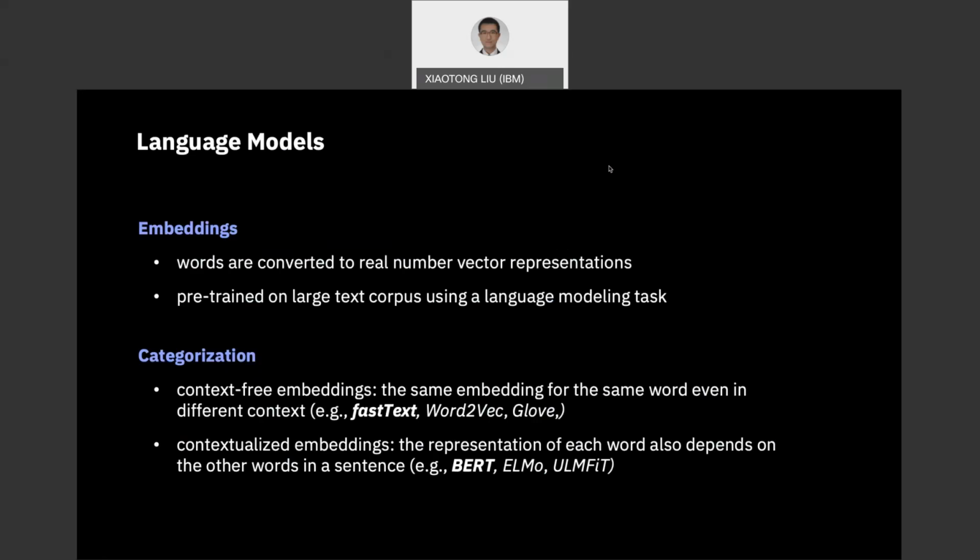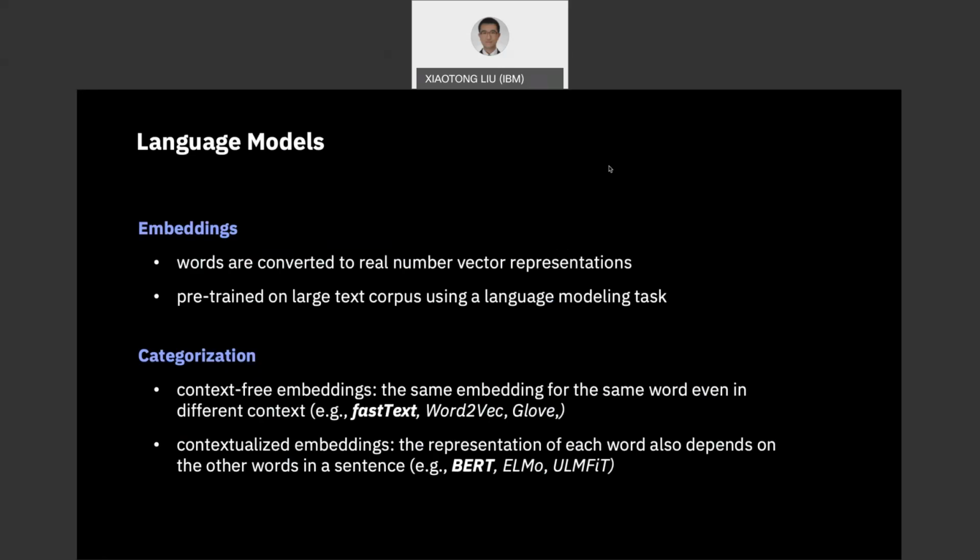Typically, we can categorize embeddings into two types based on the language modeling approach in use: context-free embeddings and contextualized embeddings. Static word embeddings are context-free, as the language models generate the same embedding for the same word even in different contexts. Examples are fastText, word2vec, and GloVe embeddings.